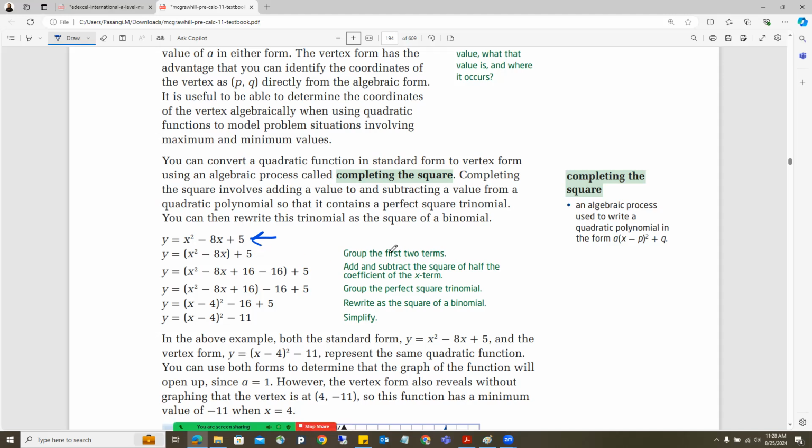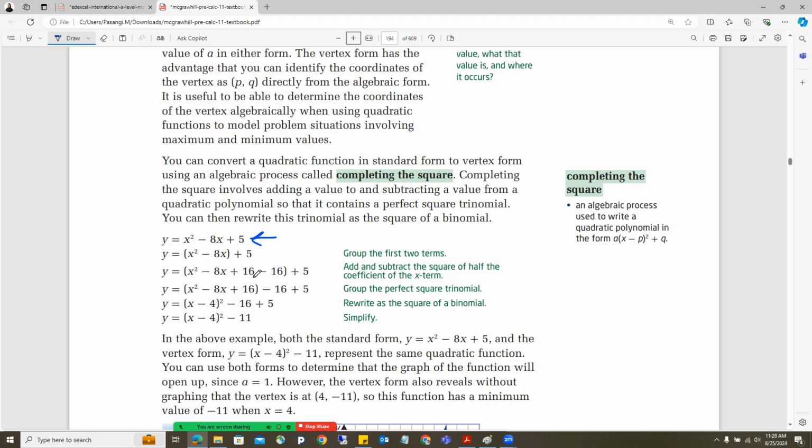So what we have to do first, we need to group the first two terms, which means x squared minus 8x. The 5 will be remaining. And then, half of this middle term would be 4, no? Then the square of that 4 means 16.